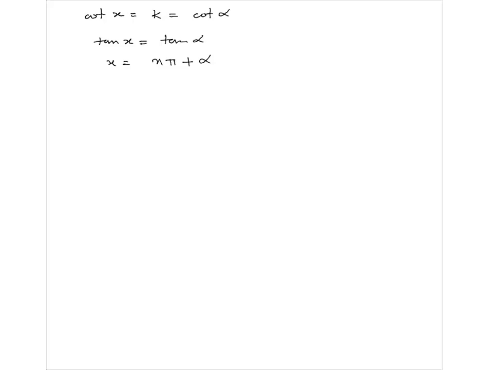So your answers don't seem to match. Or if you're doing an objective question, it has got 4 options. All 4 options have got -1 to the power n, and you have solved the problem in cos form, which does not have -1 to the power n.